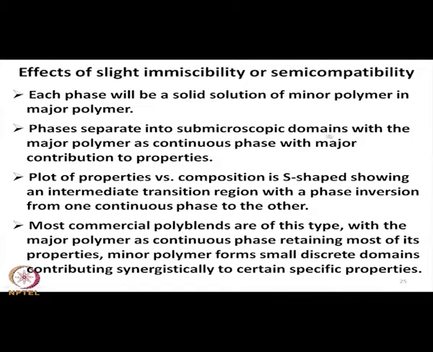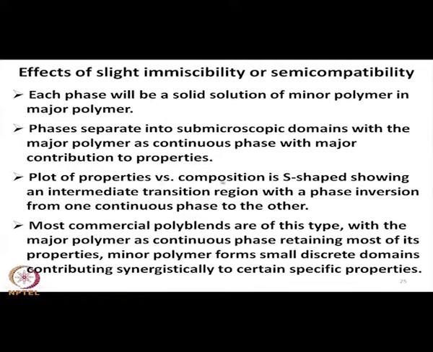It may resemble a filled polymer system, where the filler particles remain dispersed in a continuous matrix. Here, in the major continuous phase of the major polymer, there may be submicroscopic domains of the smaller component, and this continuous phase provides the major contribution to the properties.